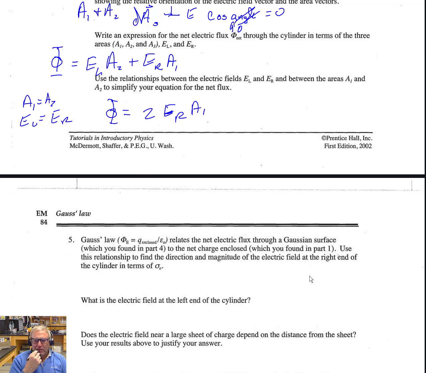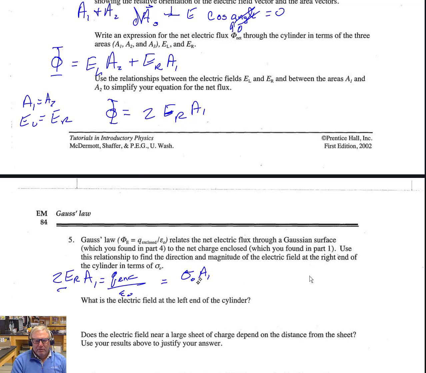Let's see now. So we have 2 ER A1 equals Q enclosed over epsilon 0 equals sigma 0 A1.